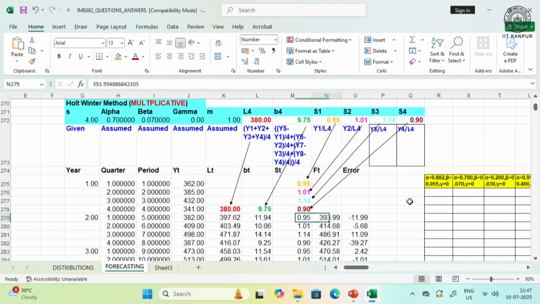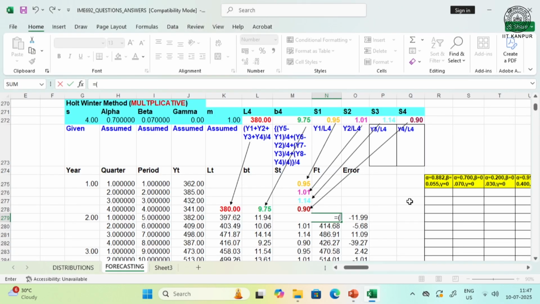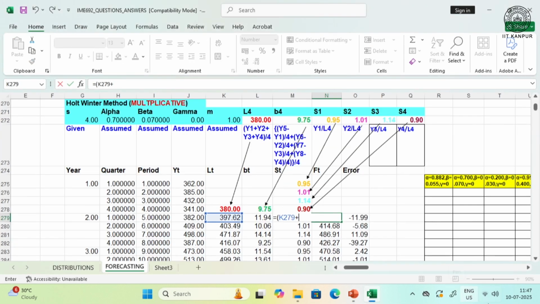Forecast would be equal to LT. LT value I already have is this, plus BT. BT is for the same value, which is M279, into M, which is 1.